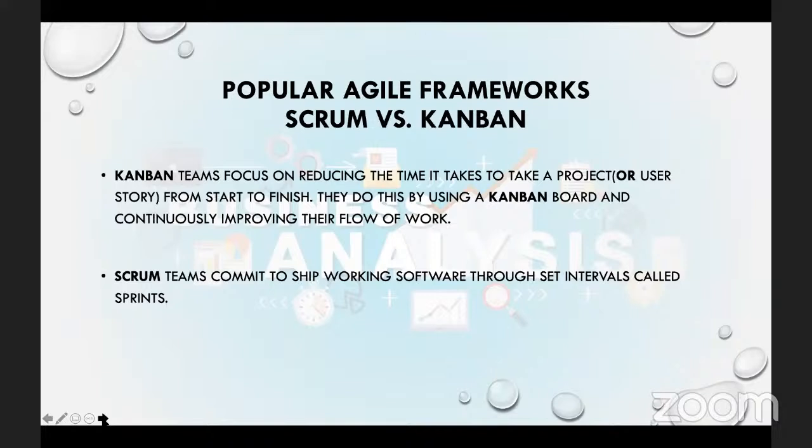Now, Scrum. In Scrum, we are time boxed. I want you to keep that in mind. We are time boxed into an iterative cycle. Usually the popular one is a two-week cycle or a four-week cycle.